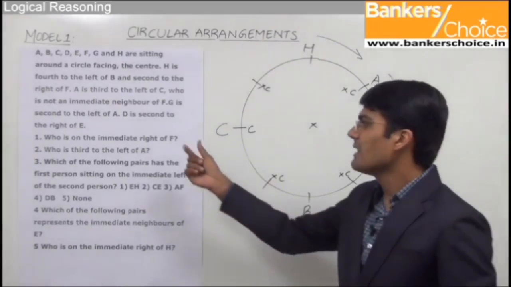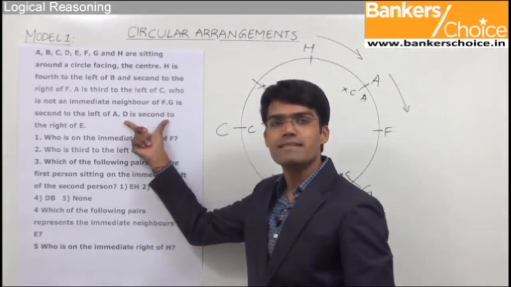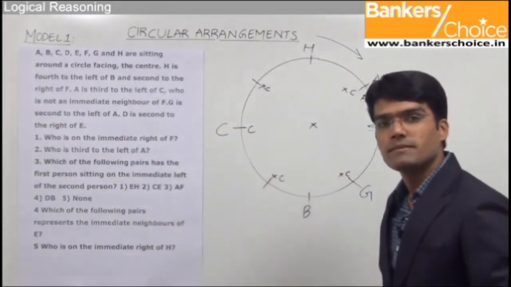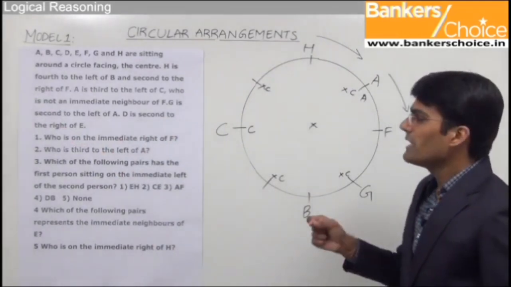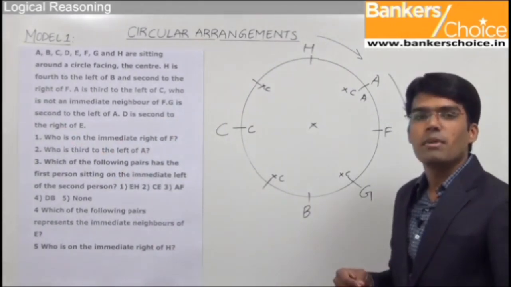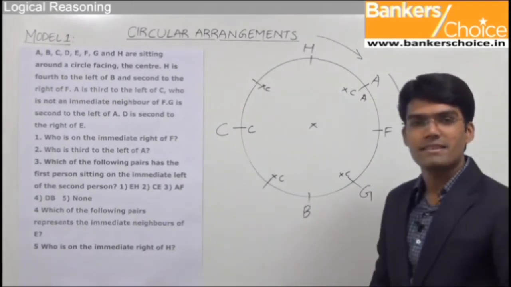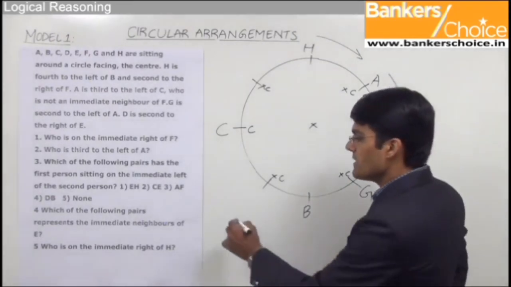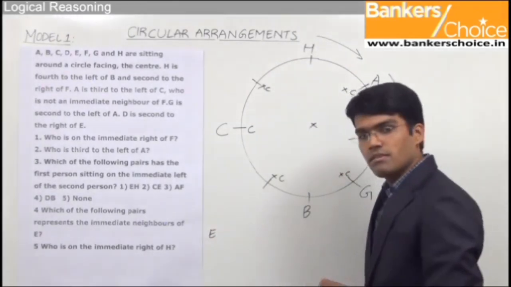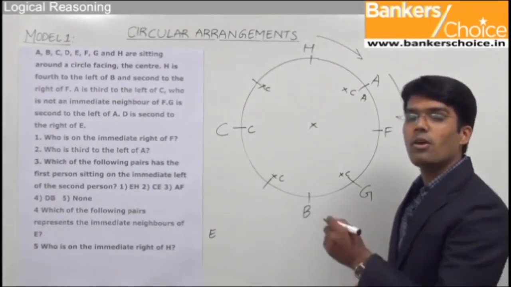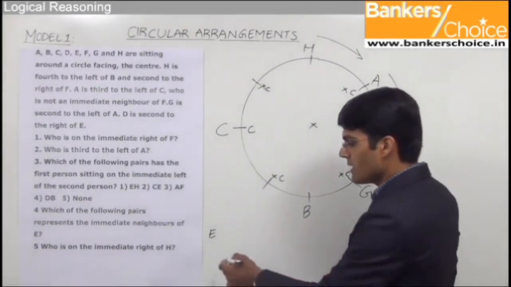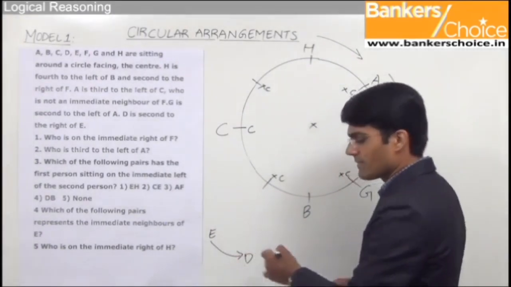These can be filled with the last statement, that is D is second to the right of E. Now we know that right of E is nothing but in the anti-clockwise direction, since the persons here are facing the center. So if E comes in a particular position, D should be in the anti-clockwise direction of E, that is nothing but in this direction.